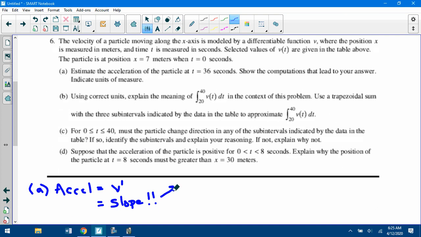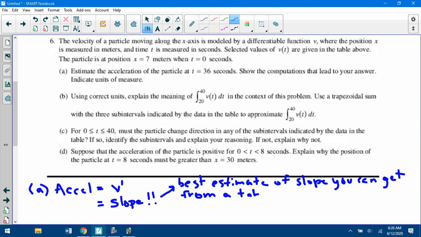So the idea when it's asking for the slope or the derivative of a table, the best estimate of the slope you can get from a table is using change in y over change in x of points that are nearby.